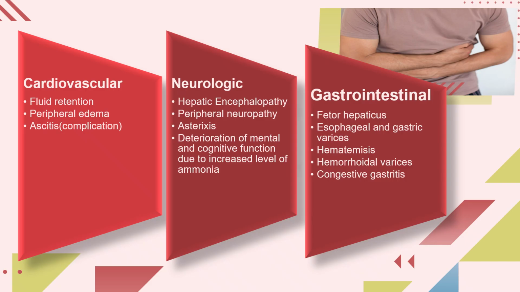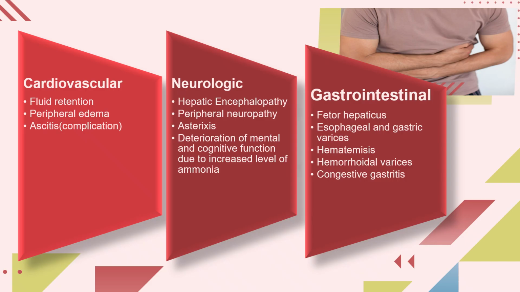It is a tremor, a movement disorder. It is an inability to maintain a position, demonstrated by jerking movements of the outstretched hands when bent upward at the wrist. So when he tries to bend it upward at the wrist, he cannot. There will be jerking movements of the hands. Deterioration of the mental and cognitive function.